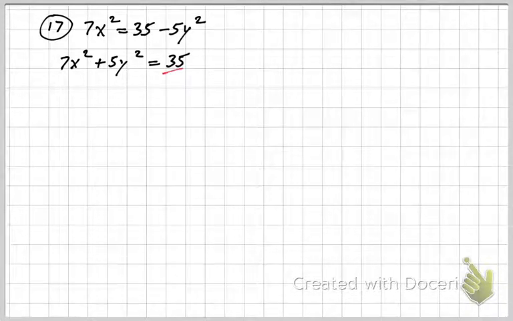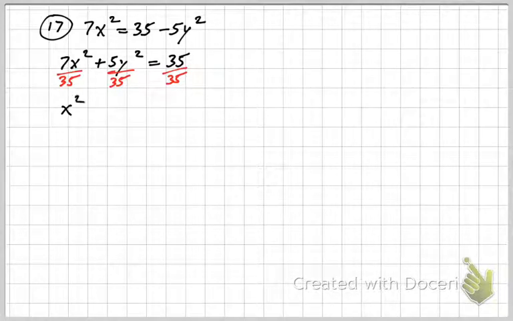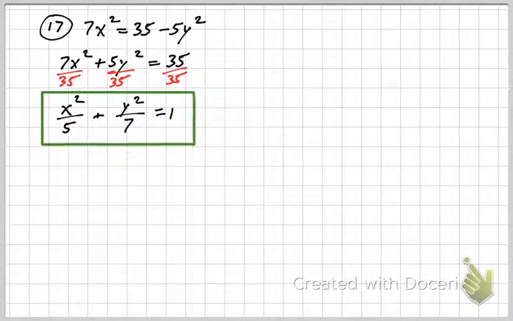How do I make this equal 1? Divide by 35, divide by 35, divide by 35. That makes x squared over 5, since 7 goes into 35 5 times, and y squared over 7, since 5 goes into 35 7 times. So now you have it in the form.